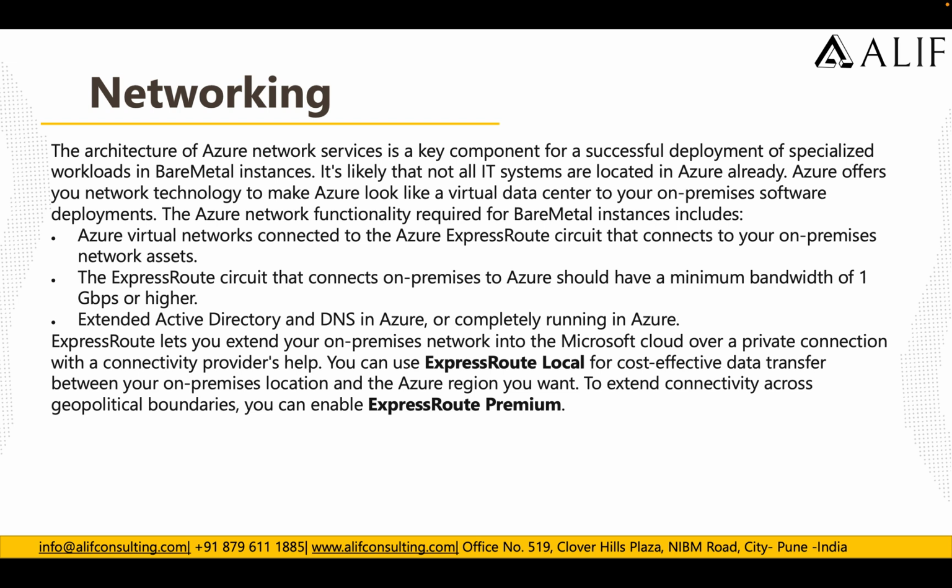Networking, right? Networking is the key component, as we know, for this whole bare metal infrastructure deployment, because these deployments need to be connected with your virtual network, and then from the virtual network you can expand to on-premises by using hybrid connectivity, right?